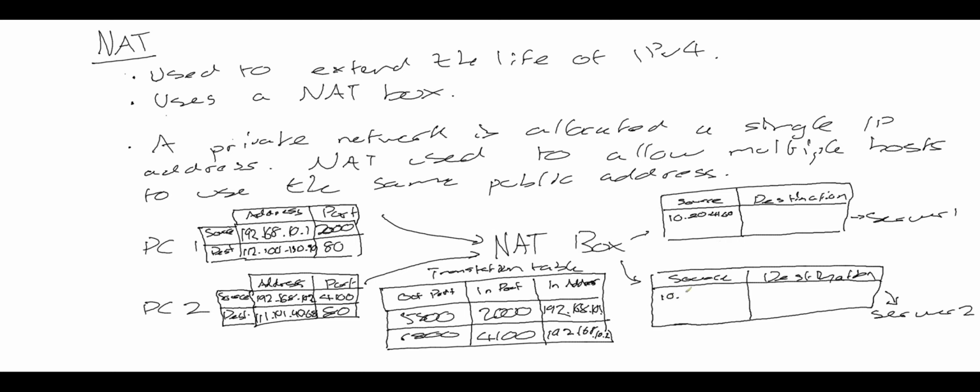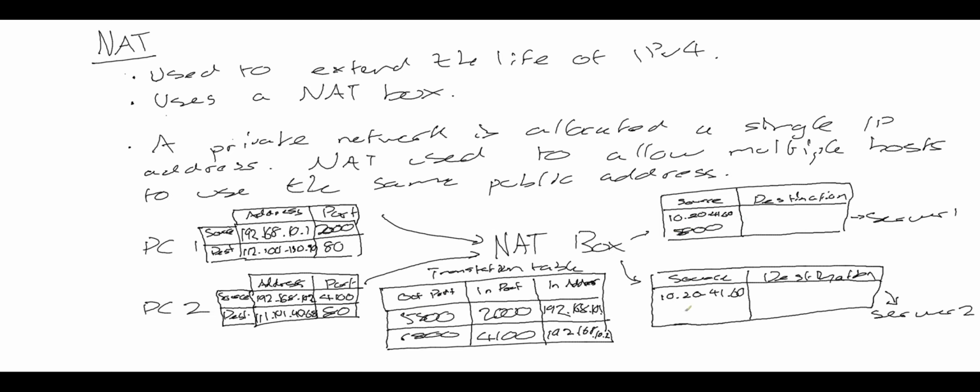So these are going to have the same source address because they're coming from the same private network. Now the source port is going to be different. The source port is going to be the outbound port that the NAT box has allocated the request. So the outbound source port for this request is going to be 5800.